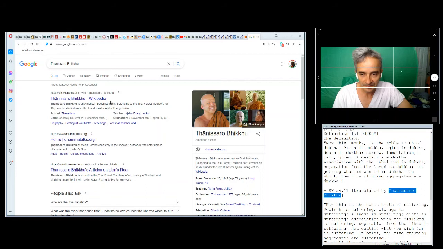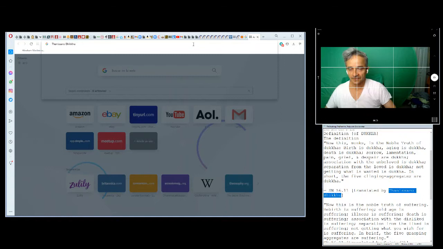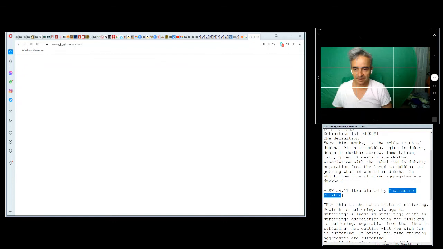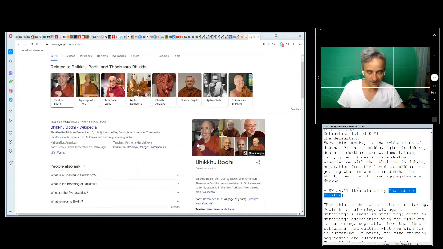And the other one, Tanisaru, is an American. Born 1949, so he's, what, 71 years old? He belongs to the Thai forest tradition, a student of Ajahn... Okay.